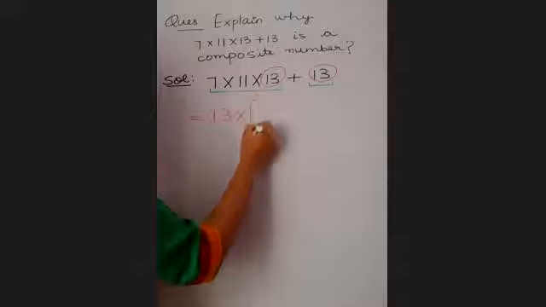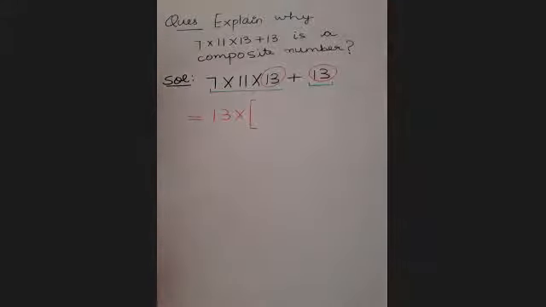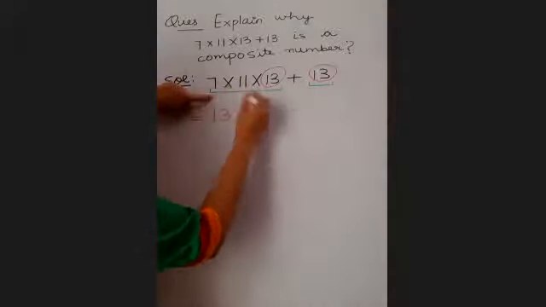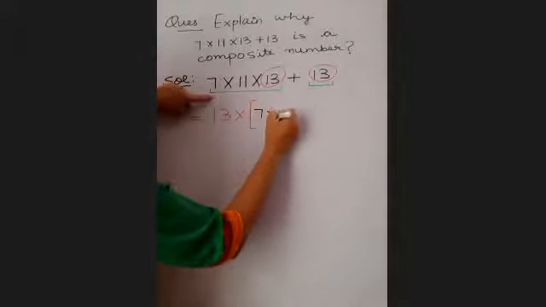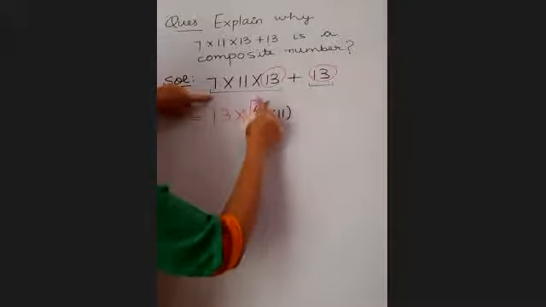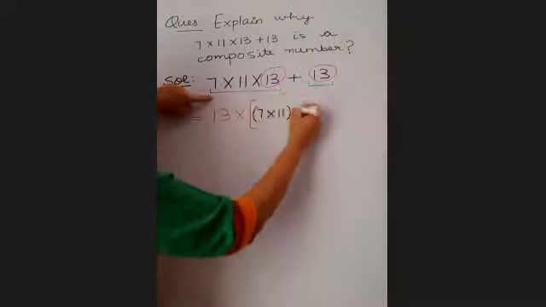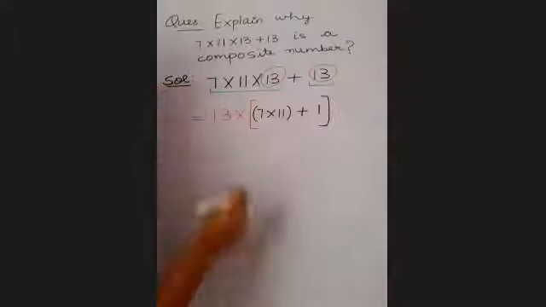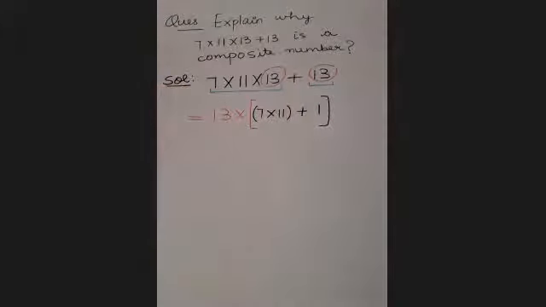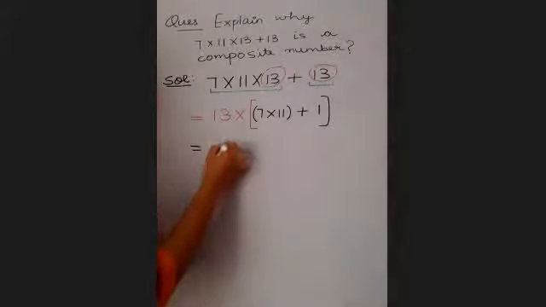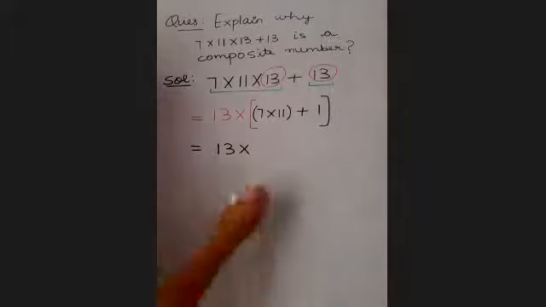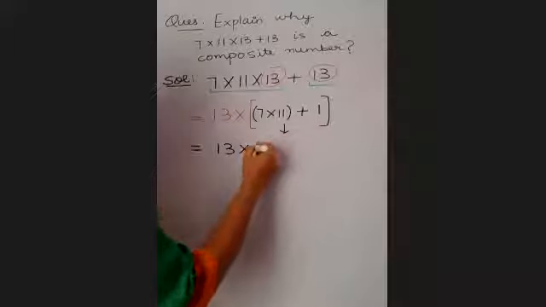And when I take 13 common, what will be left in the bracket? 7 into 11. And what about here? Plus 1. So this is 13 into the bracket, I am calling this M.